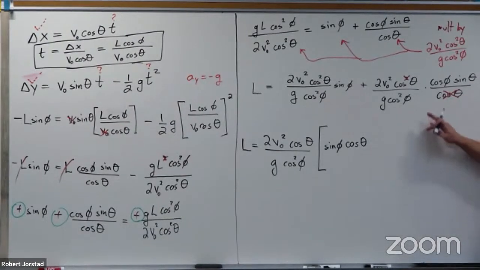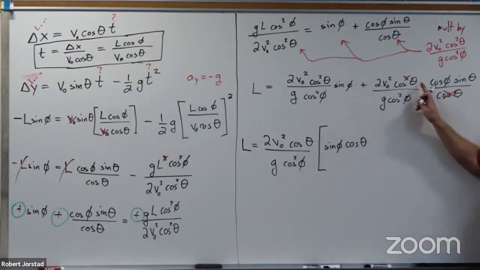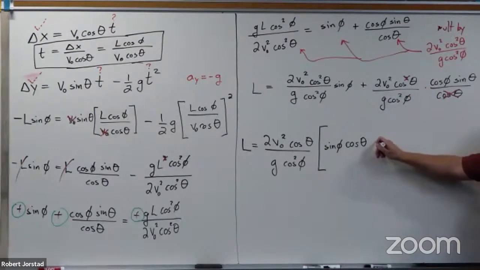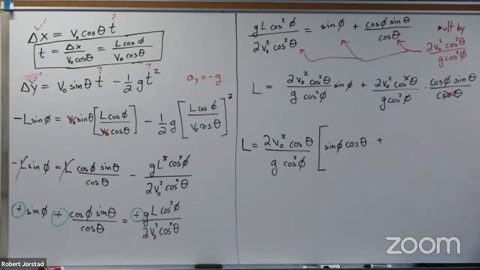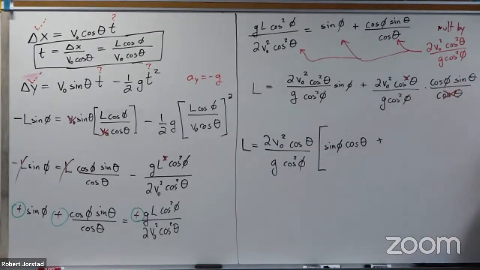Is there going to be any cosine theta left? Brought out the one cosine theta. Well, there was only one left. What's left on this one? After you factor all that junk out, what's left? Cos phi sine theta.